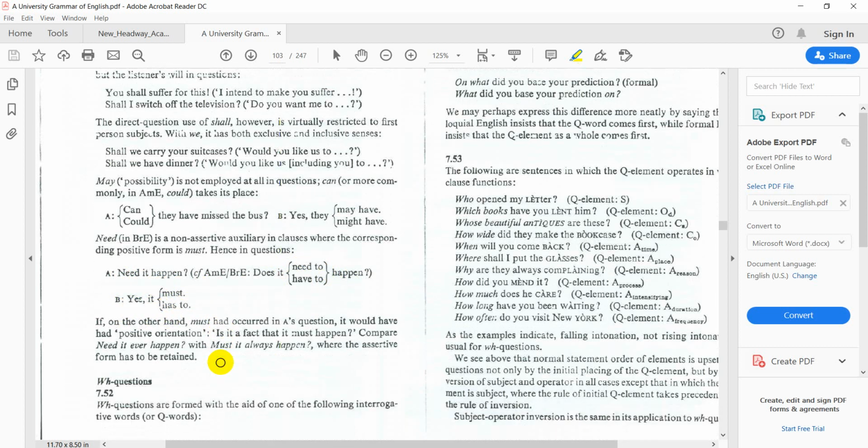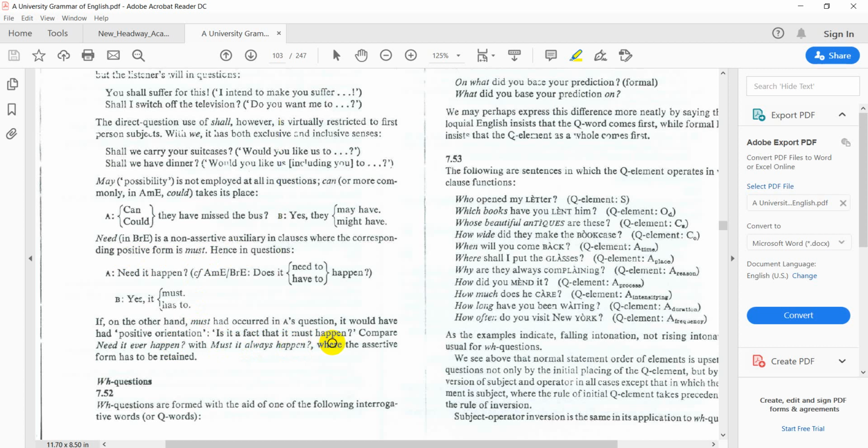Okay. If, on the other hand, must had occurred in A's question, it would have had positive orientation because must always means positive.